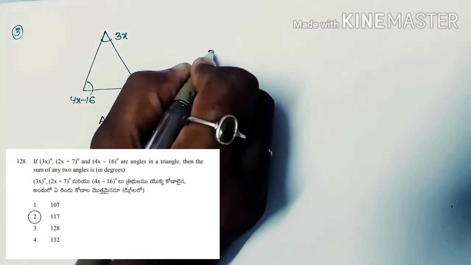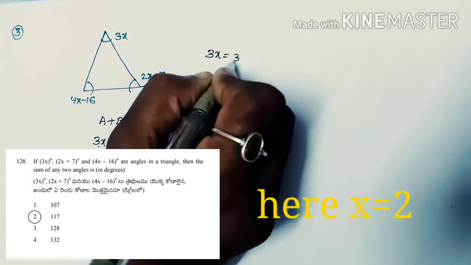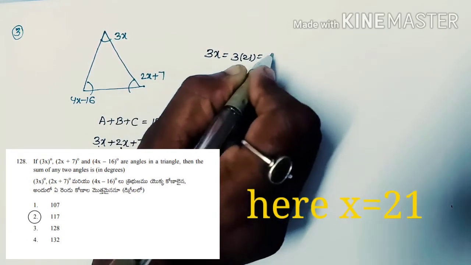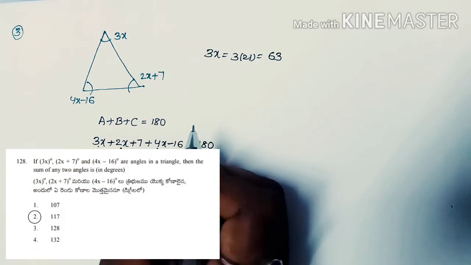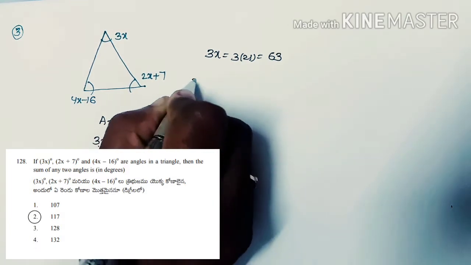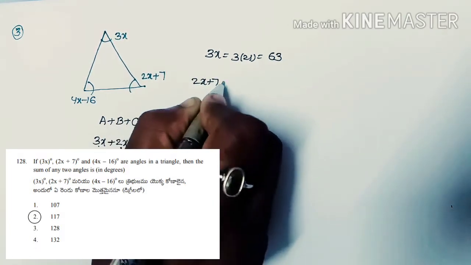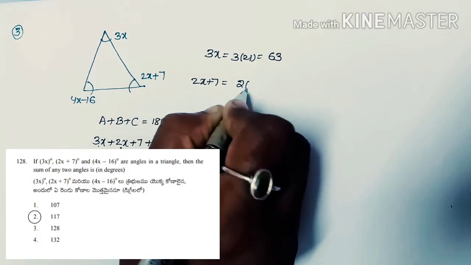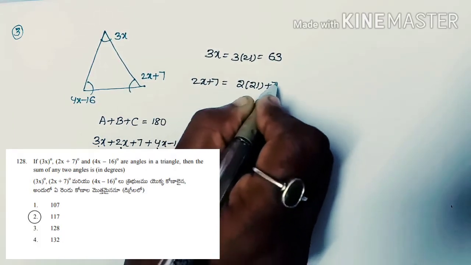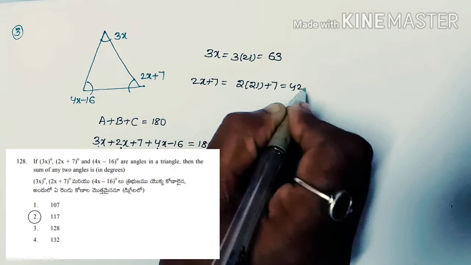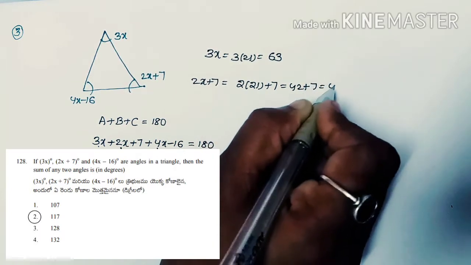Now what is the first angle? 3x, 3 into 21 is equal to 63. The second angle, 2x plus 7, is 2 into 21 plus 7, which is 42 plus 7, equal to 49.